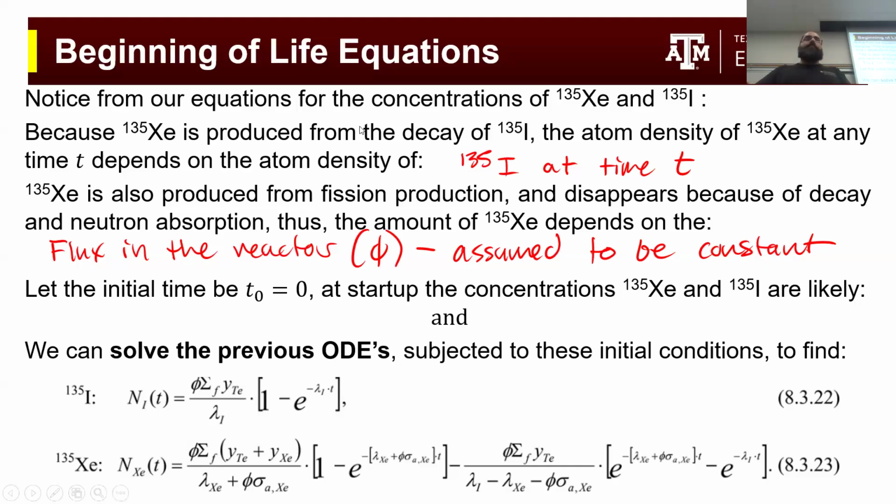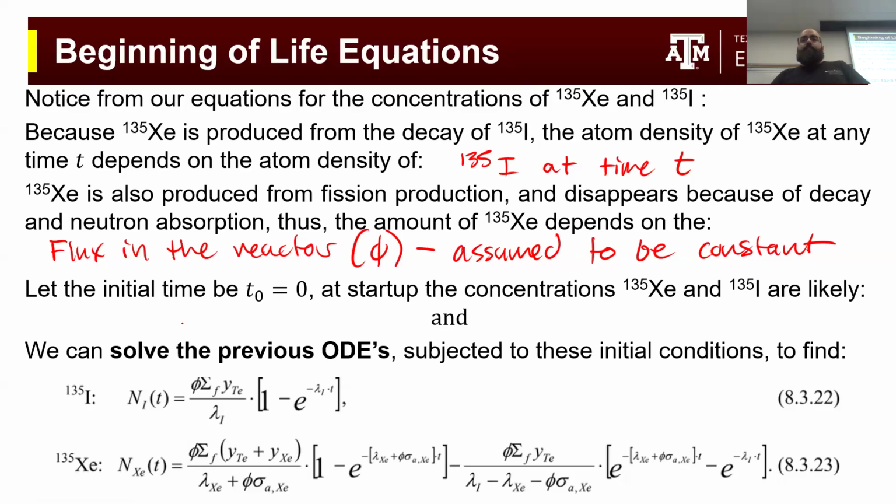So what we're after are the beginning of life equations that basically say, if I start my reactor with fresh fuel, how does my xenon build up in my reactor? So if the startup time is at T0, which is 0, then I can assume that my initial concentrations of the xenon and the iodine are zero.